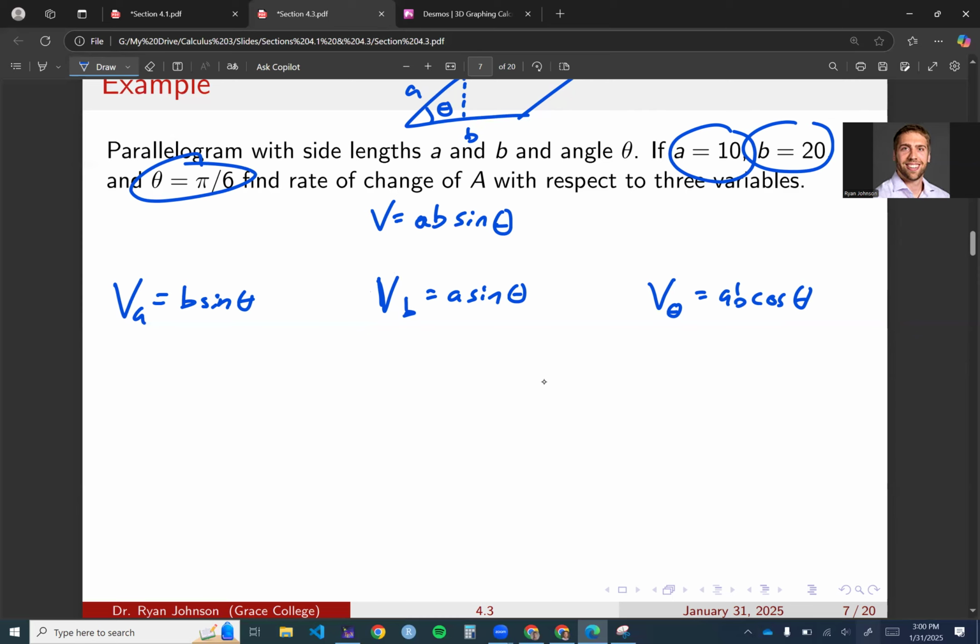Pi over 6 is a unit circle angle, so you can plug that in.